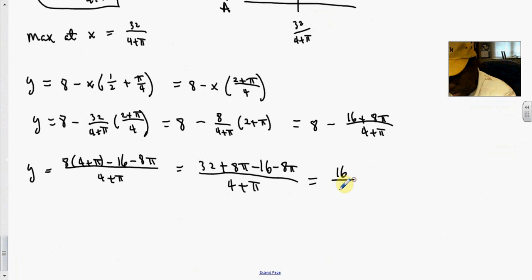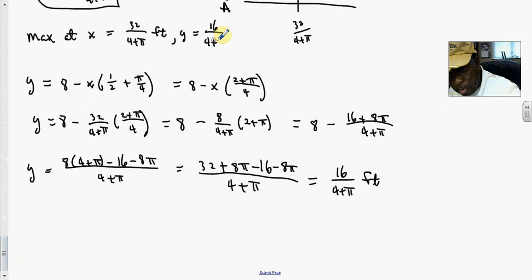We get 16 over 4 plus pi feet. So the maximum is at x equal to 32 over 4 plus pi feet, and y is equal to 16 over 4 plus pi feet.